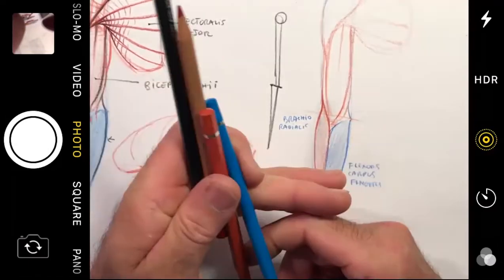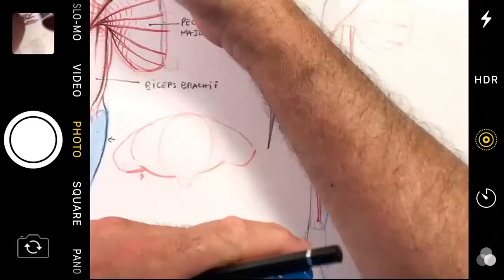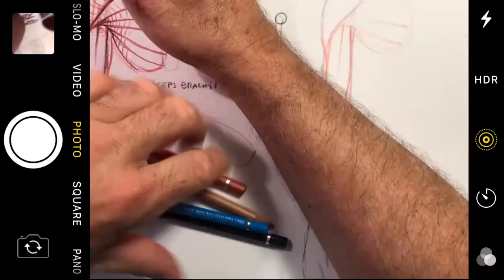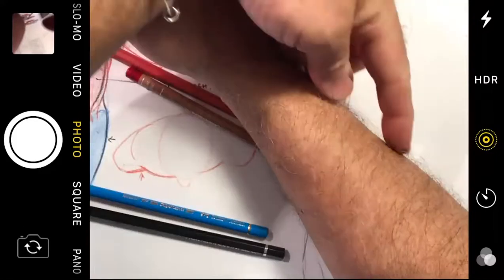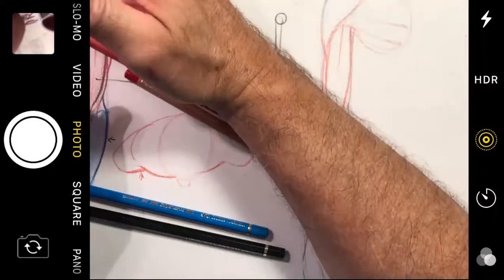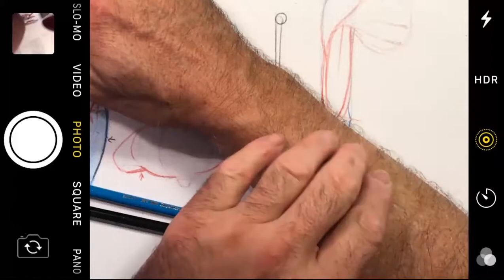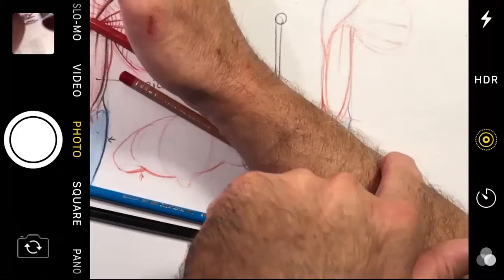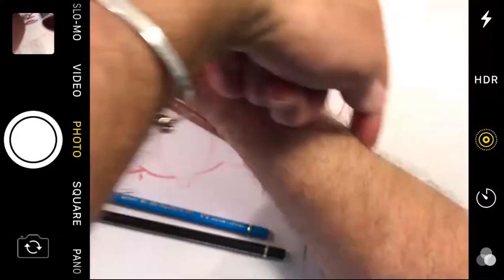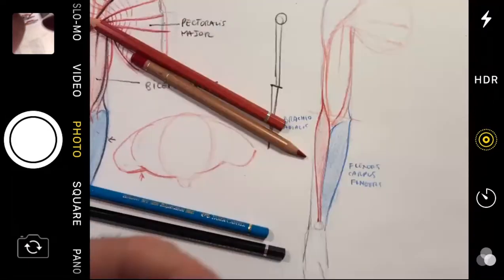I see the extensors, right here on this side. See if I can move the fingers a little bit. But anyway, trust me, these are the extensors. You're gonna see them here. So now I see all three muscle groups for the same price.